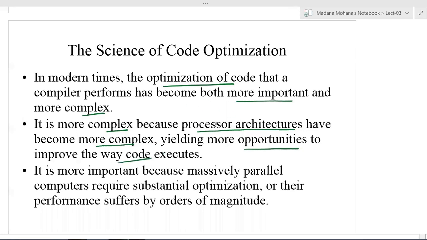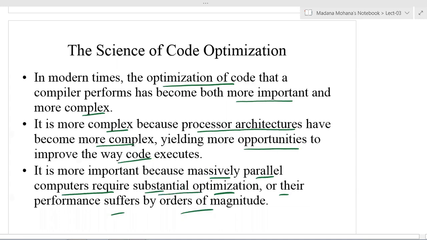Then it is more important because massively parallel computers require substantial optimization or their performance suffers by orders of magnitude.